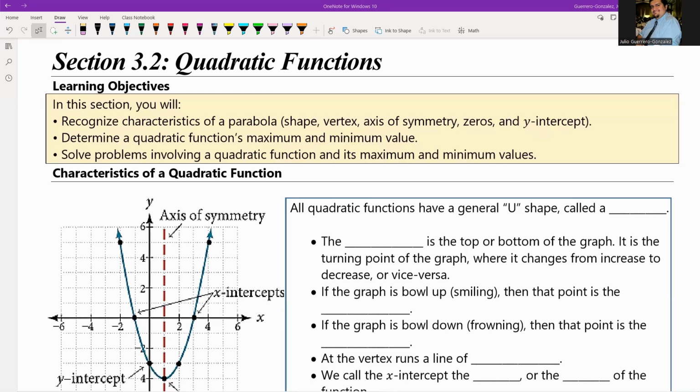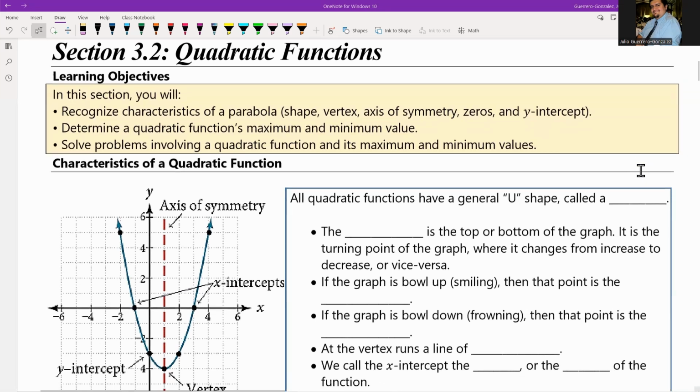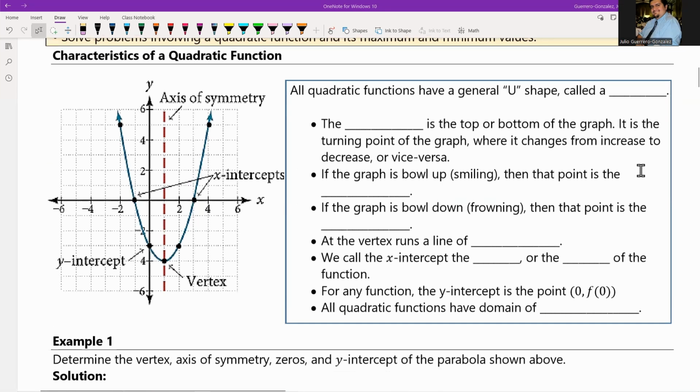So the first thing I want to go through is basically the anatomy of one of these things, right? The first thing I want to do is just cover the characteristics of a quadratic function, okay? A quadratic function on a graph looks like this right here. Bam, something like this. It's a U shape, okay? There's a couple of things that I want to point out. That U shape is called a parabola, okay?